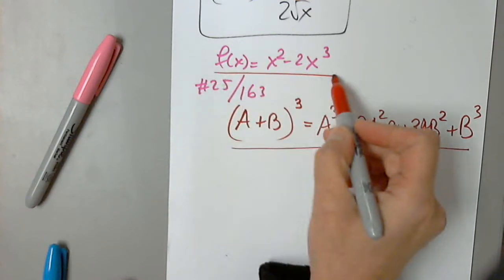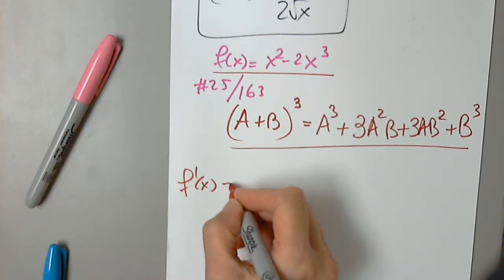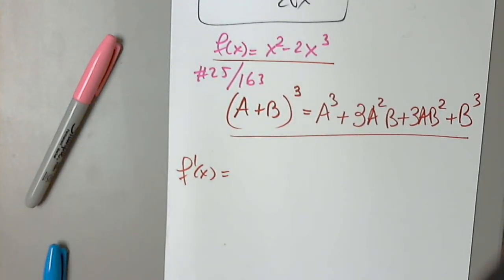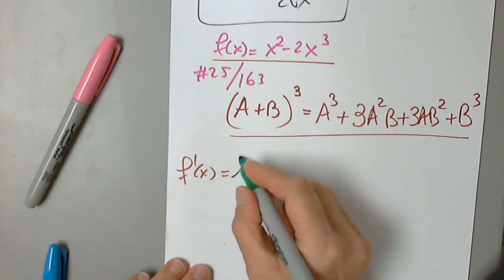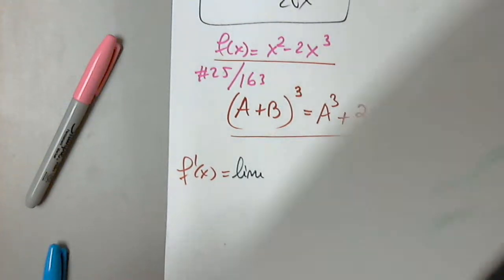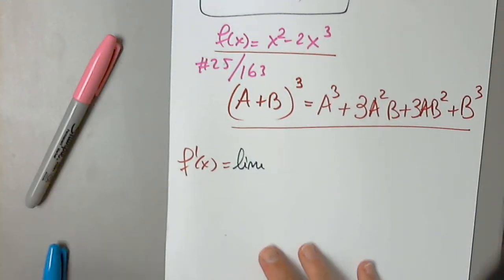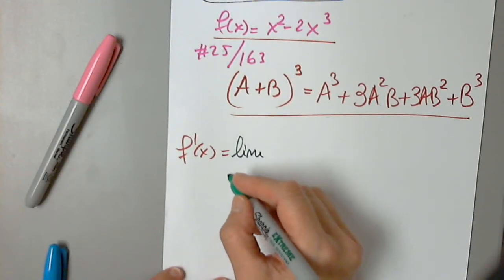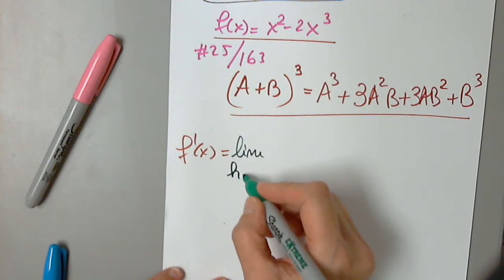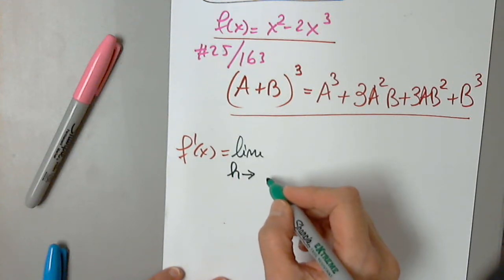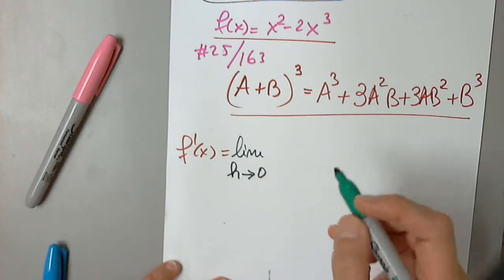So we are given this function. We want to find f prime of x. We only have one definition, which is limit. Can anyone help? Good, right?